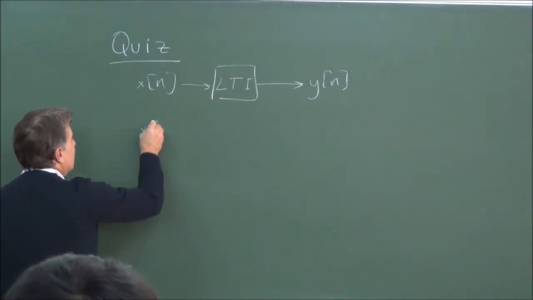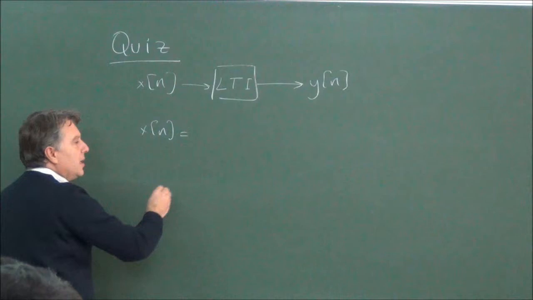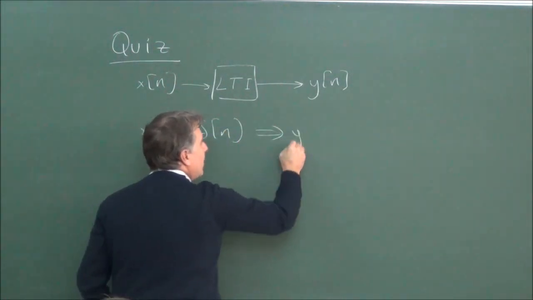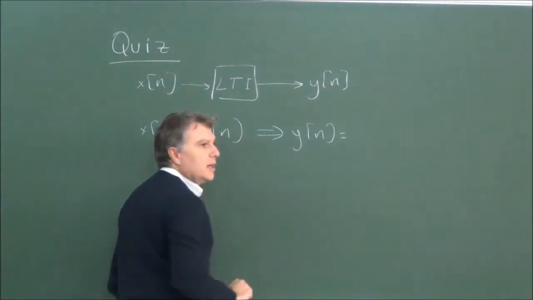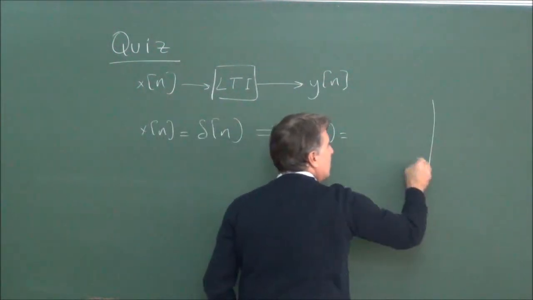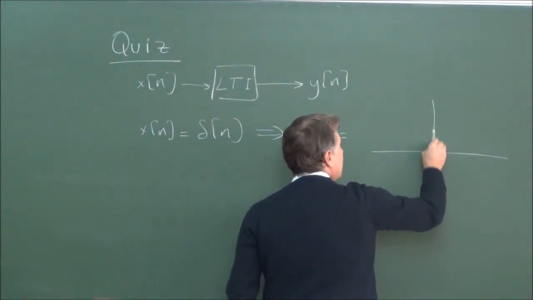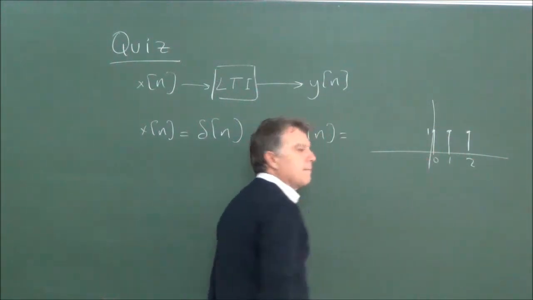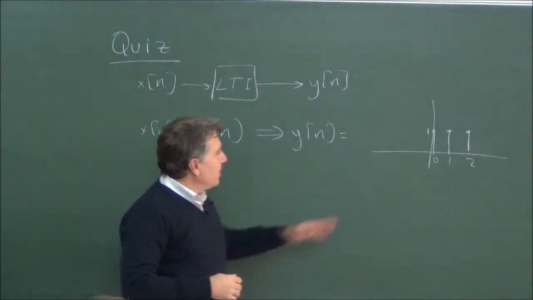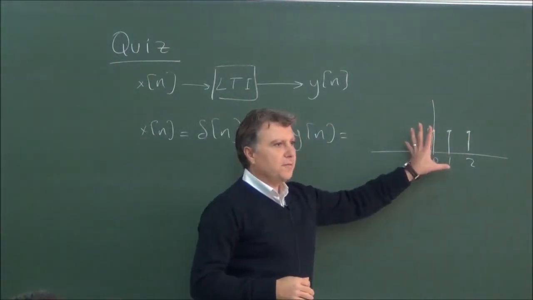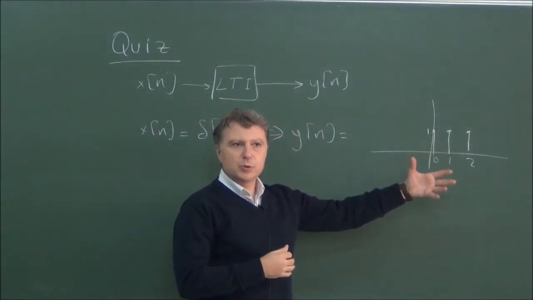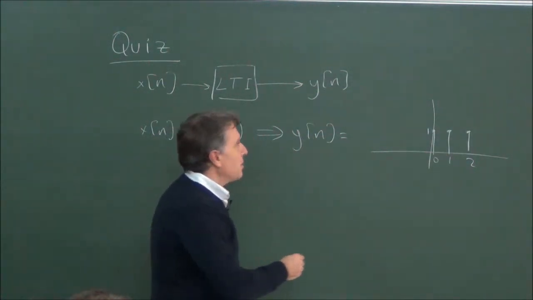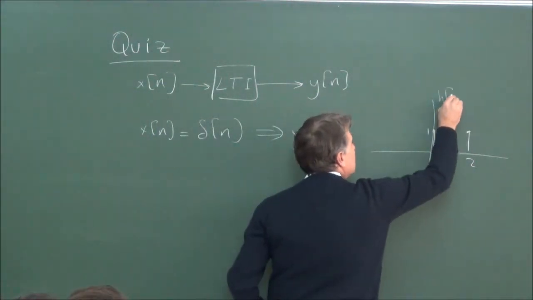The input that we apply is an impulse, and the observed output is as follows. Some sort of a rectangular finite extent output from 0 to 2, all ones. This is the response. Remember that we gave a name to this, which is h of n.